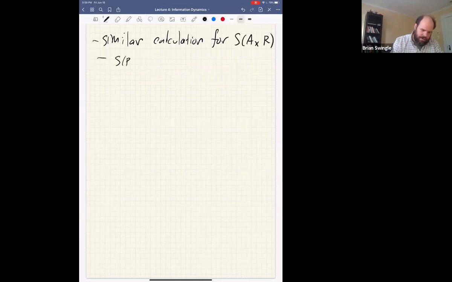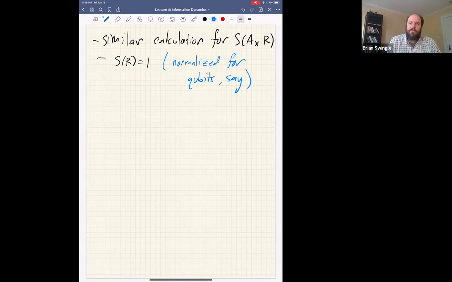And then S of R is always equal to 1, again normalized for qubits, say. So 1 would mean just one bell pair or 1 unit of entanglement.